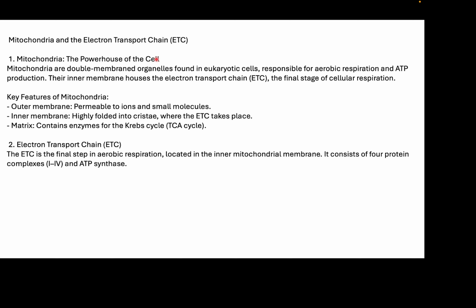So for us, the energy currency of living beings is called ATP, or adenosine triphosphate. As the name suggests, triphosphate, meaning it has three phosphates attached to it. Whenever we need energy, one phosphate will be broken off, energy will be released, and we'll do whichever work we want. But where is this ATP formed?